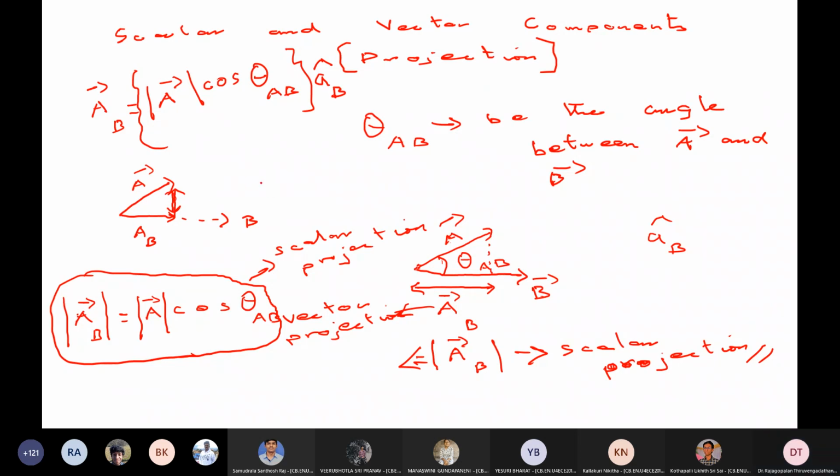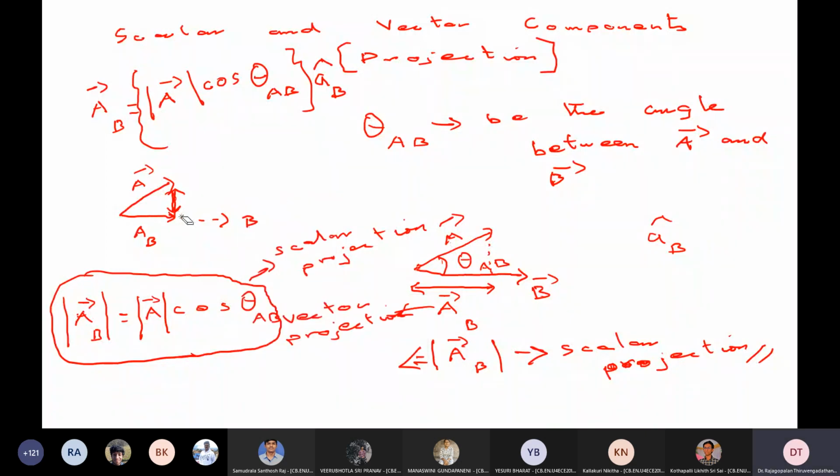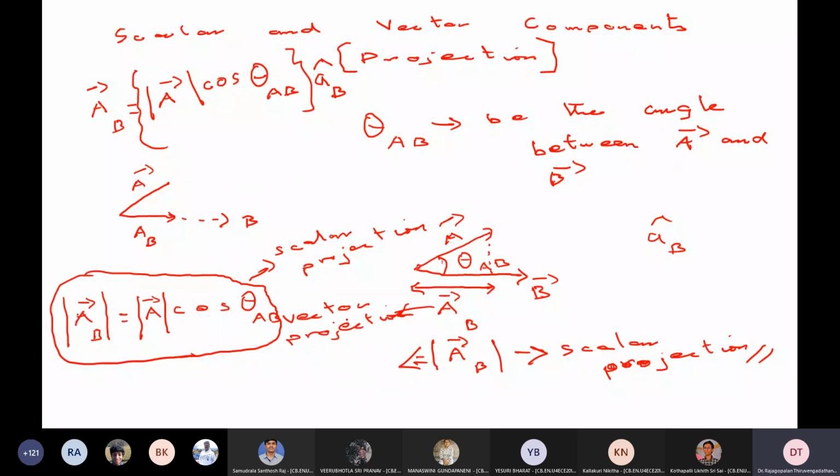You have to see very clearly how I draw the projection vector. I can't do it this way. The arrow has to be upward, not downward. I want you to think about why it is like that.